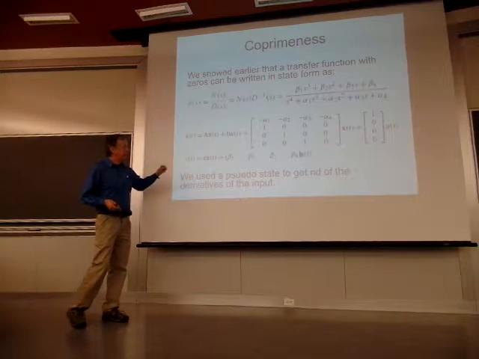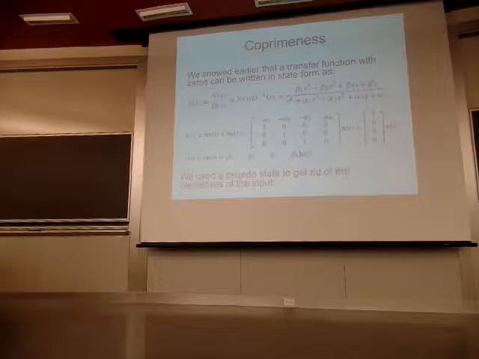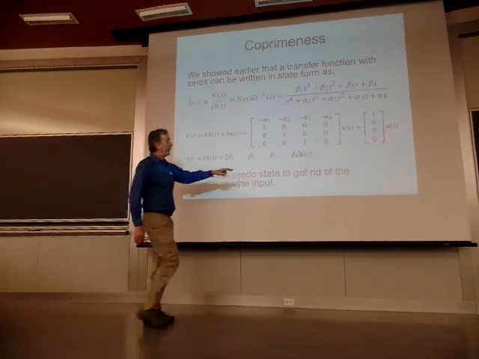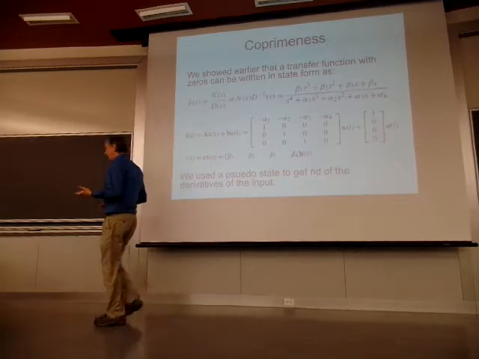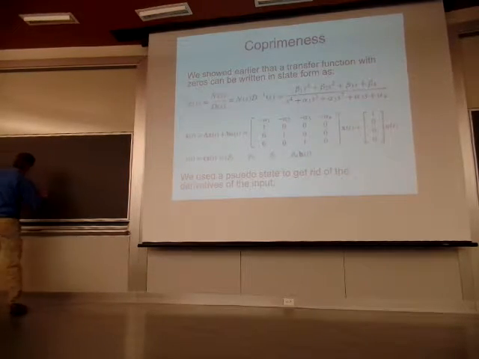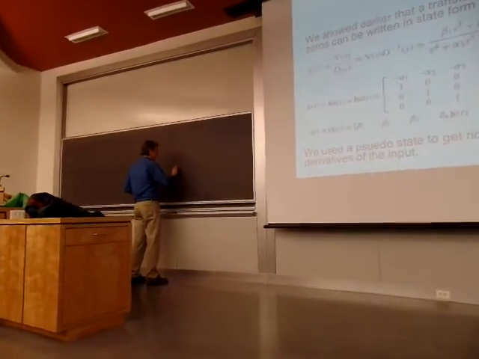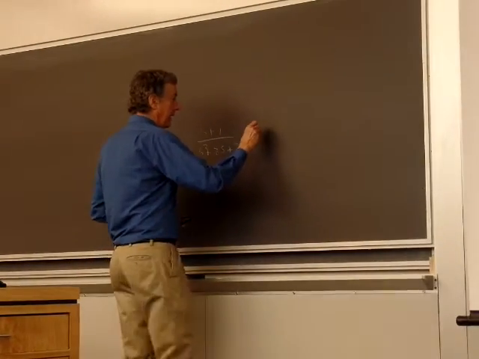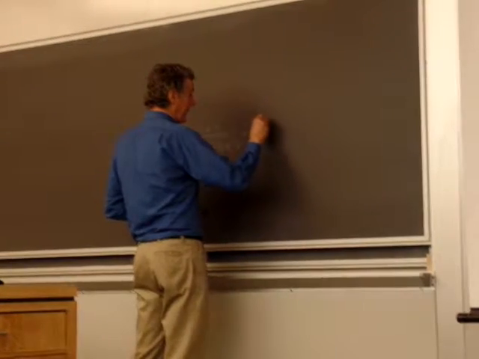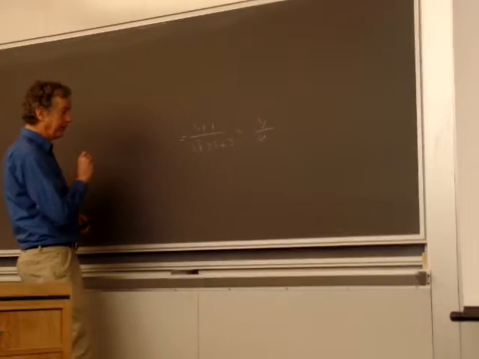Essentially what we're doing is using what, if you remember, almost the very first couple of weeks of classes, we used: a pseudo state to get rid of these derivatives in the input. I don't want derivatives on any of my inputs. So we did that with a transfer function of whatever, output over input. What we did is say, let's split this thing up into two parts.